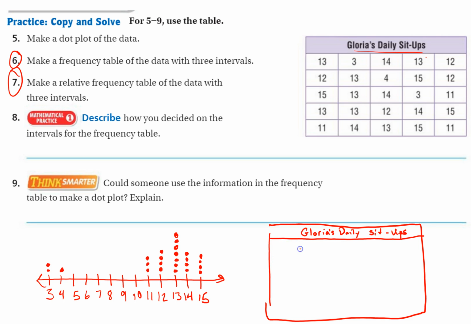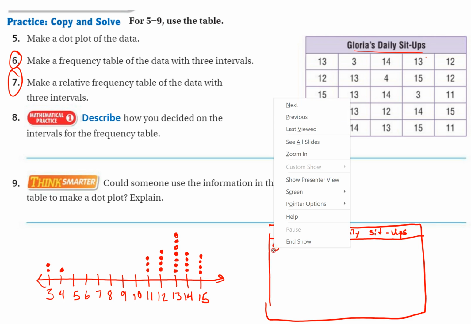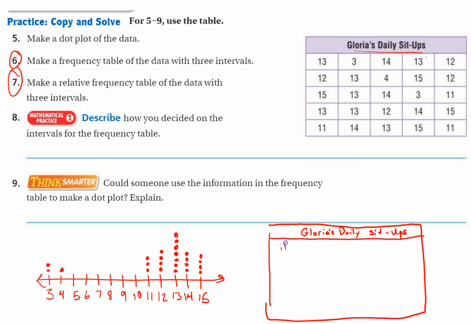Oh, whoops, let me label this actually. This is sit-ups. This is frequency. And this is relative frequency.